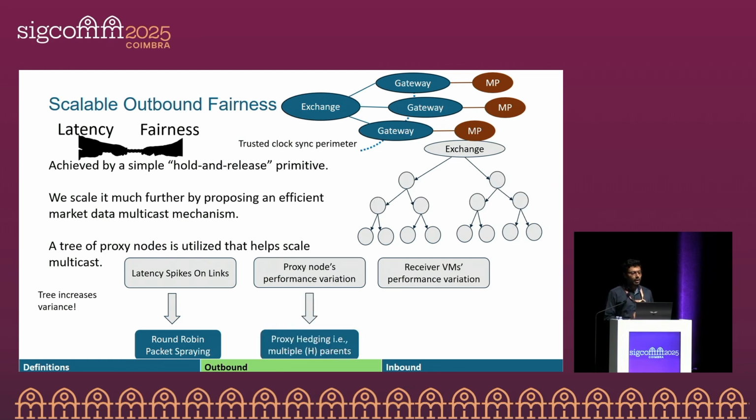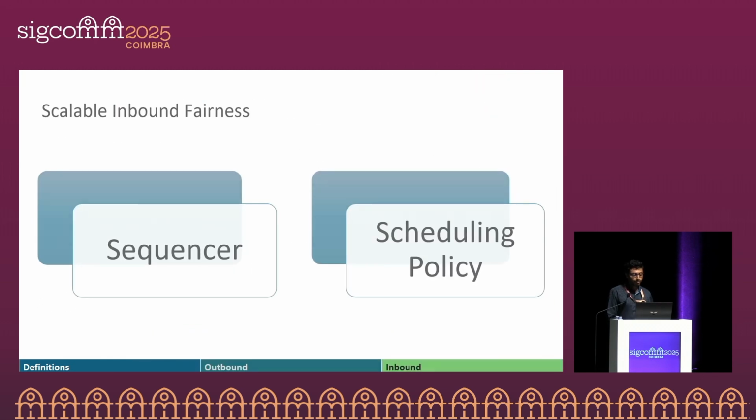To handle the performance variation of these proxy nodes, we use hedging, which is a common technique to curtail tail latencies in systems. And we also use hedging of a different form to handle performance variation in receiver VMs. In our deployment, each market participant is effectively a separate VM.